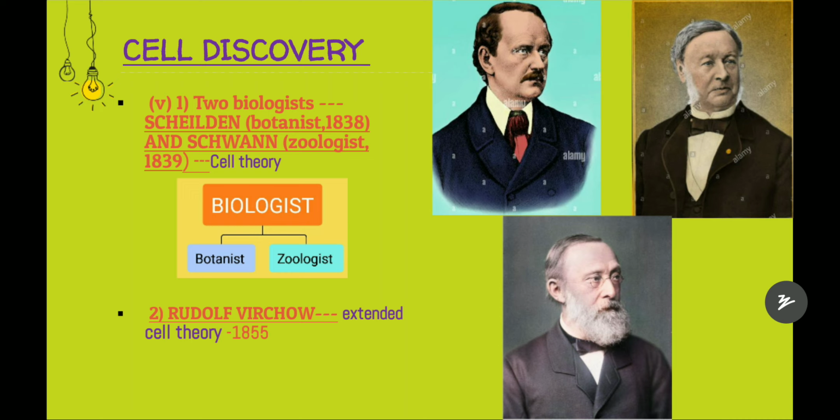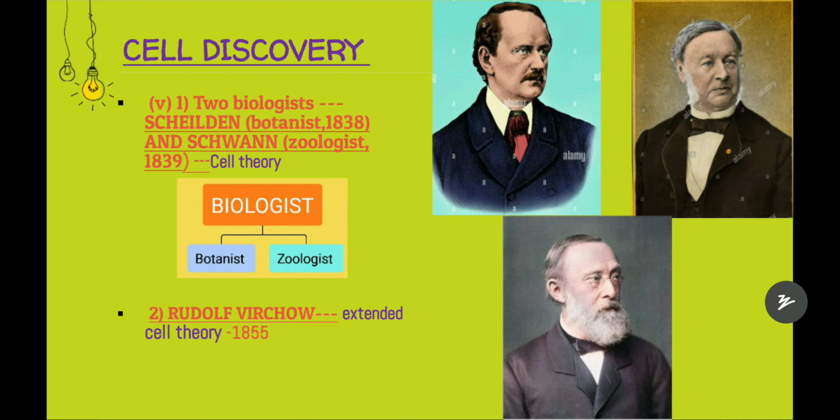So which scientist is the zoologist and which is the botanist? Schleiden is the botanist and Schwann is the zoologist. These two scientists gave two points of the cell theory. Next, in the year 1855, Rudolf Virchow extended the cell theory, meaning he gave the third point.